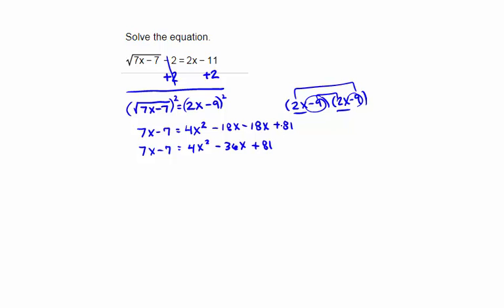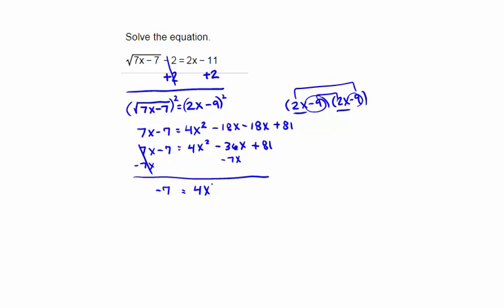And then we see that it is quadratic because we have a squared term. And so we're going to move everything to one side and then make an attempt to factor. All right, so I'm going to go ahead and subtract this 7x off. We'll do that first. So that's going to leave me a negative 7.